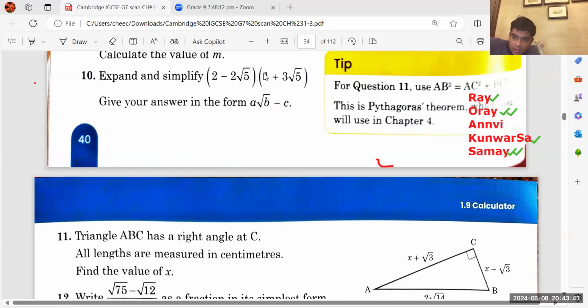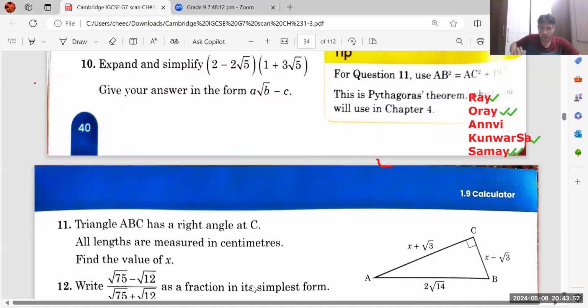So the length of AB is 2 into root 14. Well, the 11th question. Yes, sir, 2 into root 14. So, Kuvar and Ray, you know we have to use Pythagoras in the 11th question.